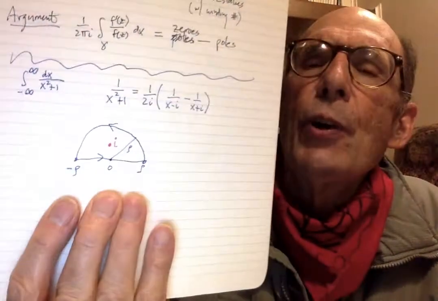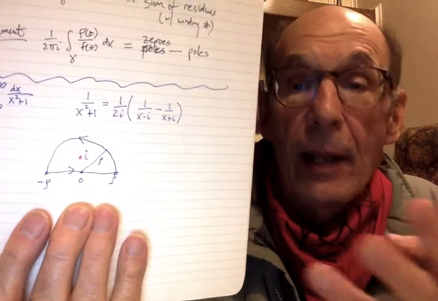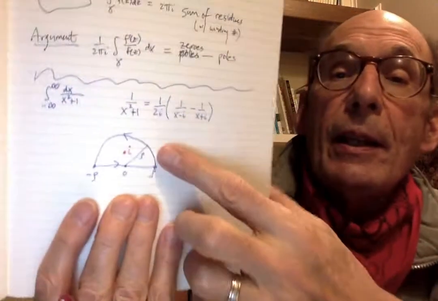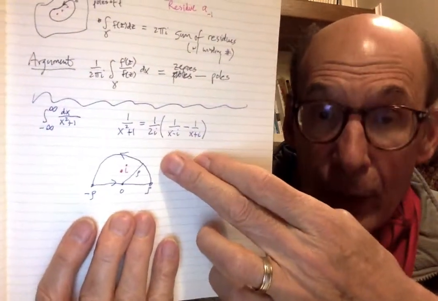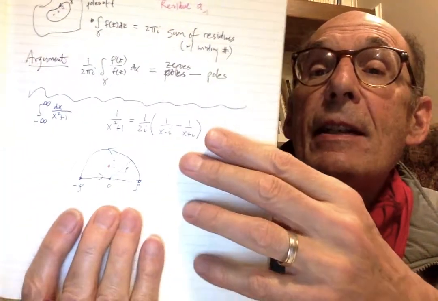So instead of looking at an integral as taking account of every single real number, we're just going to see what happens at one point. The pole is at i, so I've drawn it in, and we can get the residue right here. This is what I mean by residues in the wild. These can be easy to get sometimes.